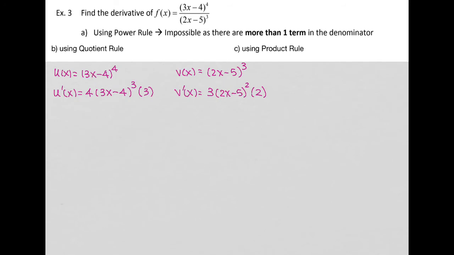Using the quotient rule, f prime of x will be u prime v minus u v prime over v squared.